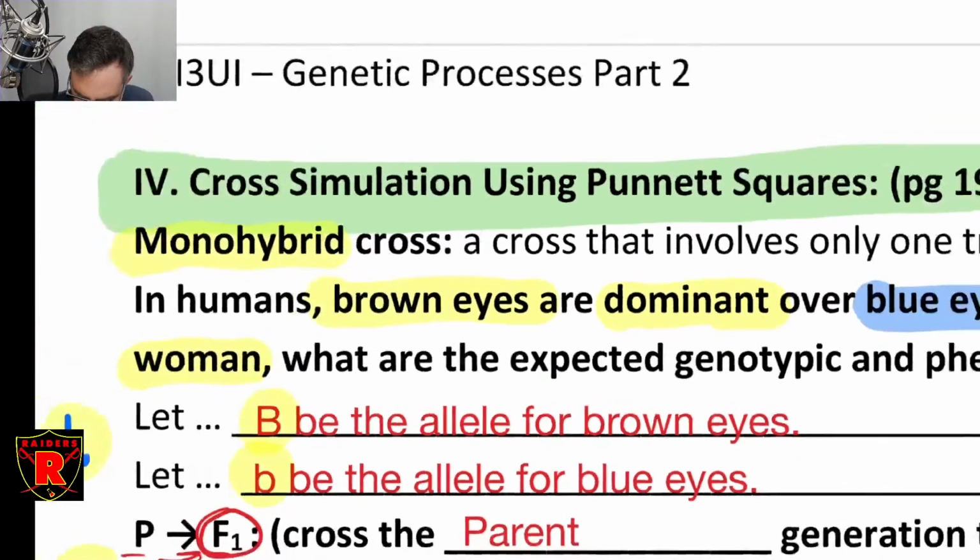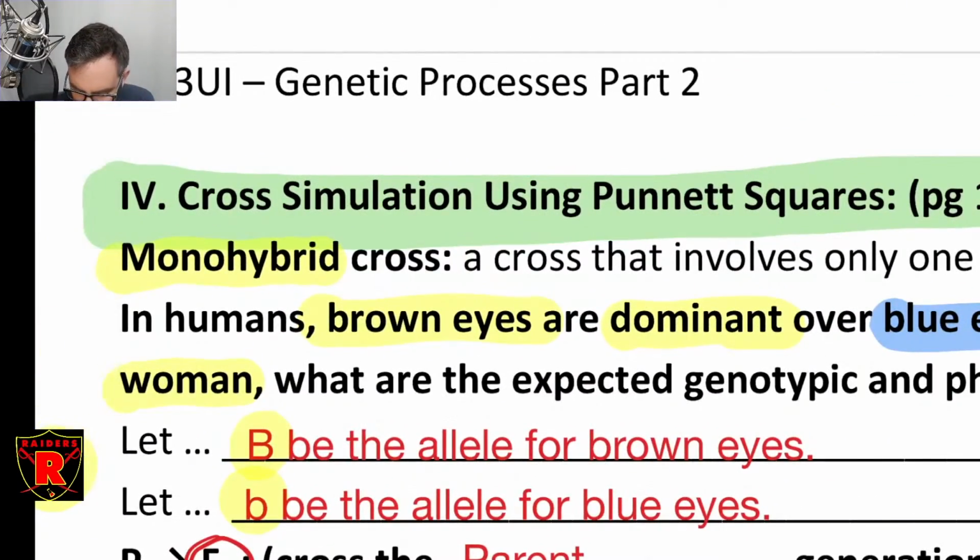Remember, dominant is going to be a capital letter and recessive is going to be a small letter. You can use whatever letters you want. I highly recommend using letters where the upper and lowercase look different. I think I mentioned this on the quiz too, like what's wrong with this particular lettering for this genotype. The answer is that the upper and lowercase look similar. So just watch out for that.